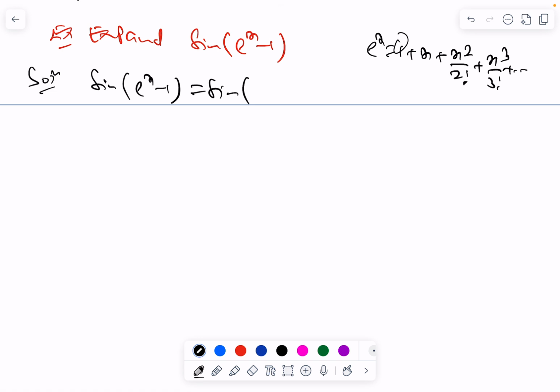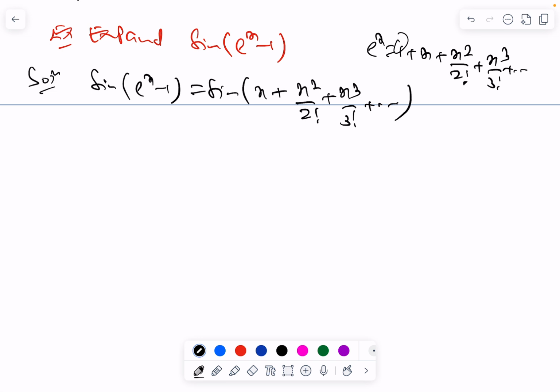So this 1 will get cancelled. So we'll get x plus x square by factorial 2 plus x cube by factorial 3 and so on. This is sine of this one.